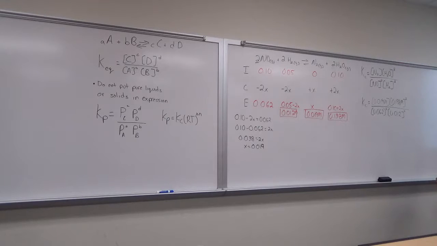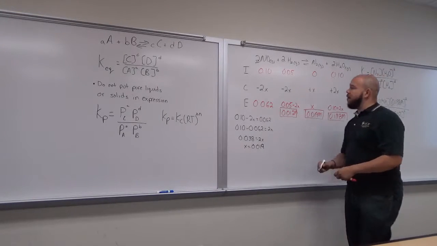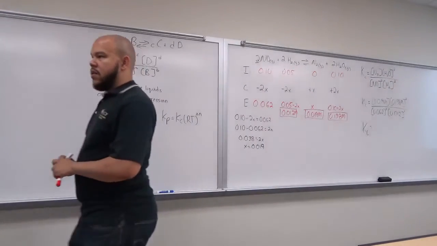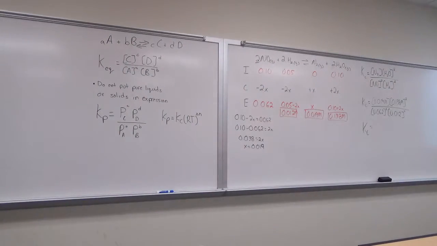All right, so you got 3 of them squared, and then you have Kc. 653.